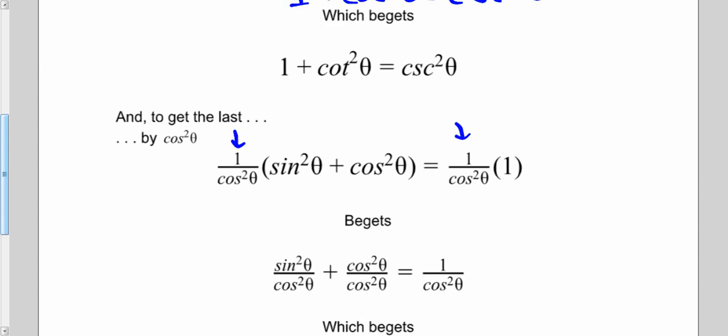What's another word for this fraction? Not just tangent theta, but tangent squared theta. What's another name for cosine squared theta divided by cosine squared theta? 1. So plus 1 equals, and this one, secant squared theta.